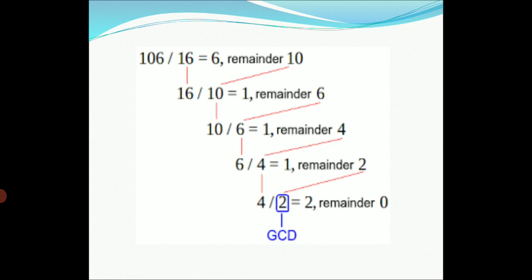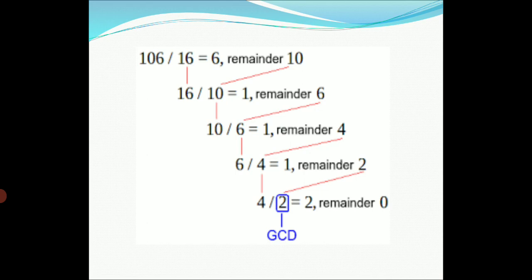Then go to the third pass: A is equal to 10, B is equal to 6. The quotient becomes 1 and the remainder becomes 4. Then the next pass, A is equal to 6, B is equal to 4. The quotient becomes 1, the remainder becomes 2. Then the next pass, A is equal to 4, B is equal to 2. Calculating, the quotient becomes 2 and the remainder becomes 0.